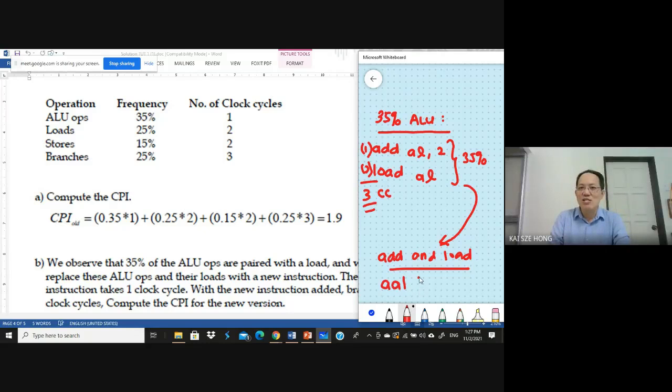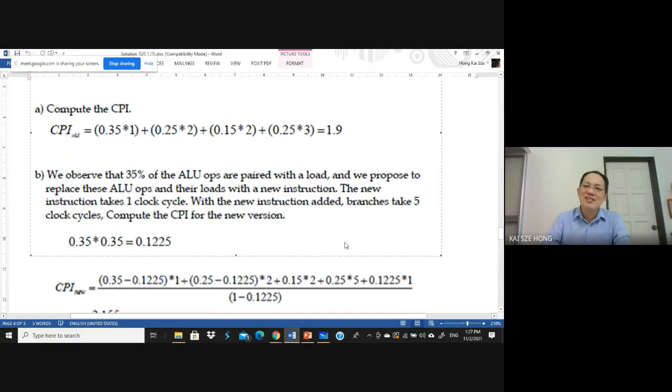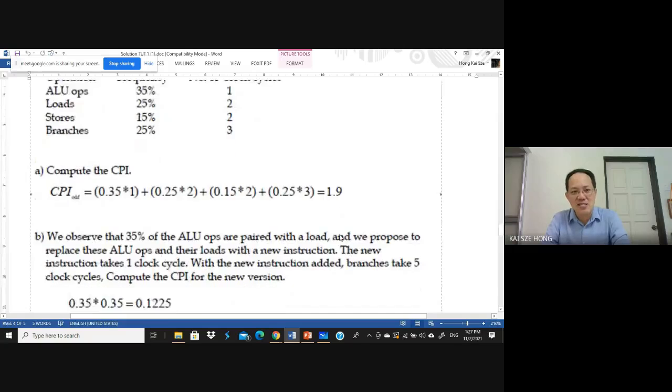Then you just run like this, AAL, and you only take up 1 clock cycle. So for 30% of the ALU operation, they can save clock cycles. So this is what is meant by this. But with the new instruction added, the branch takes 5 clock cycles.